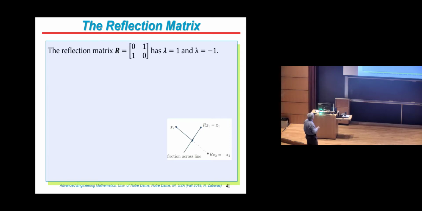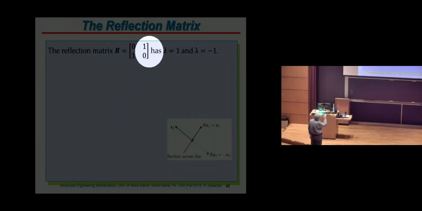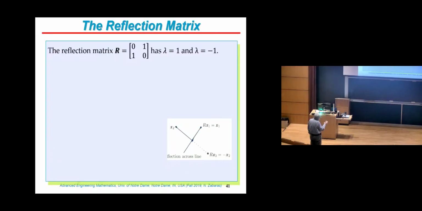All right, so I can do this with reflection matrices. They are also interesting matrices. You can see the columns here are orthogonal, right? It's a typical orthogonal matrix. So the eigenvalues are lambda equals 1 and lambda equals -1. Geometrically, if you reflect vectors with respect to this line that you see here, if you are on that line, nothing happens to you.